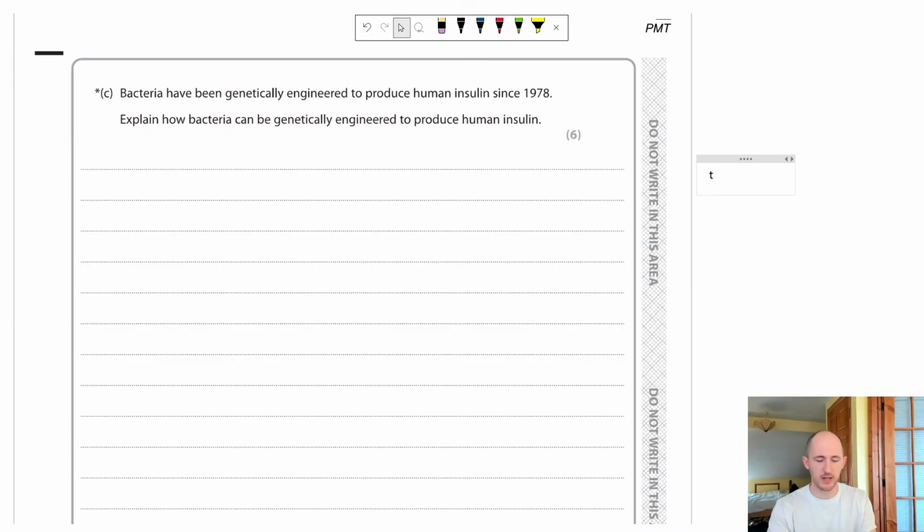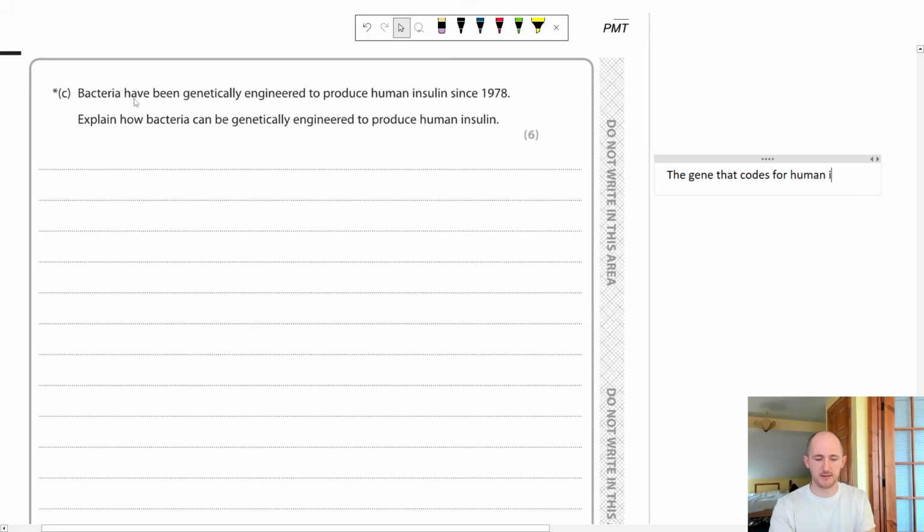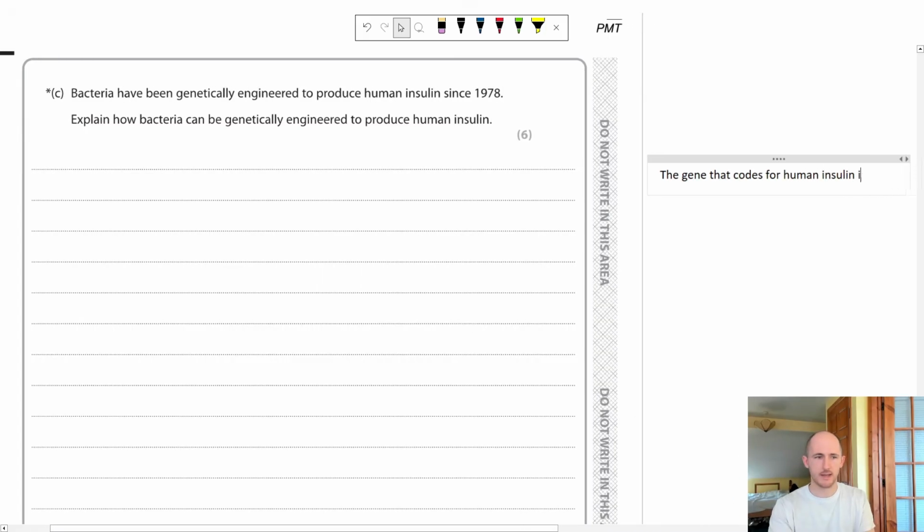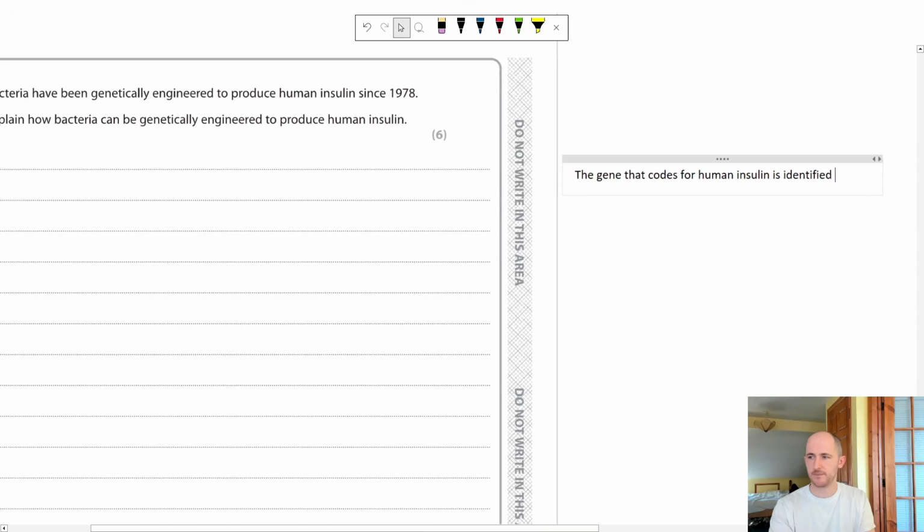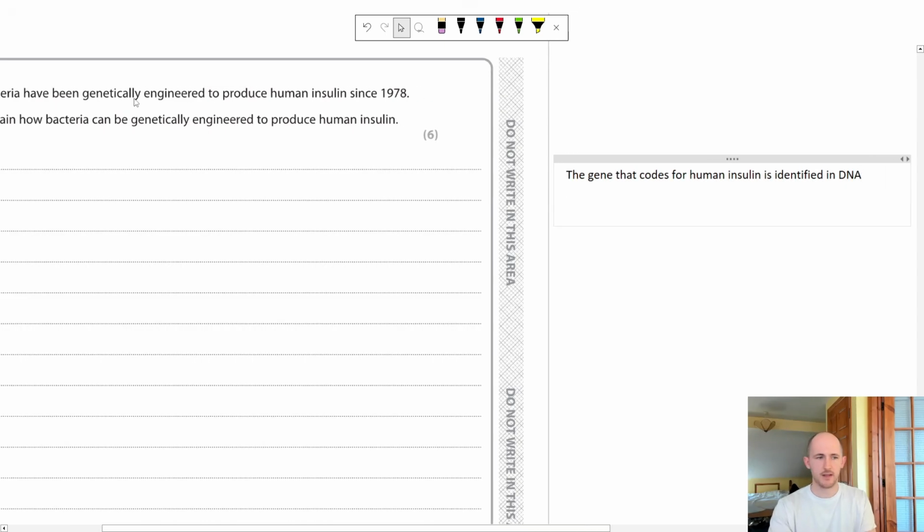So, for example, the gene that codes for human insulin is identified in DNA. Then it's removed using restriction enzyme. And a plasmid removed from bacterial cell. You can say lysosome if you want.